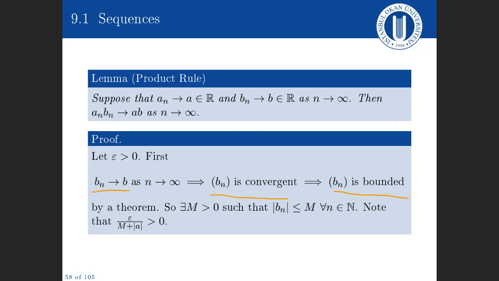So that tells us that there exists some number capital M such that the absolute value of b_n is less than capital M.